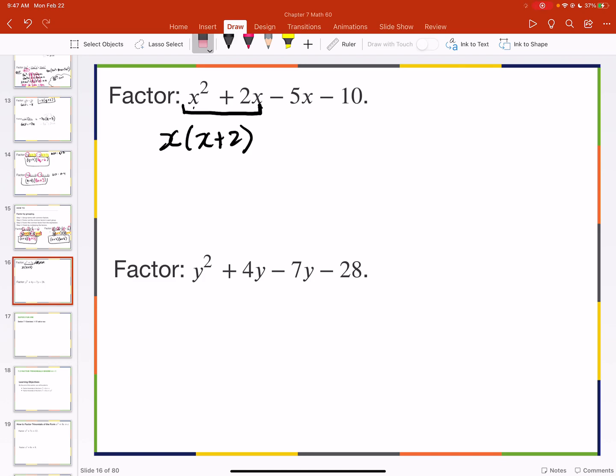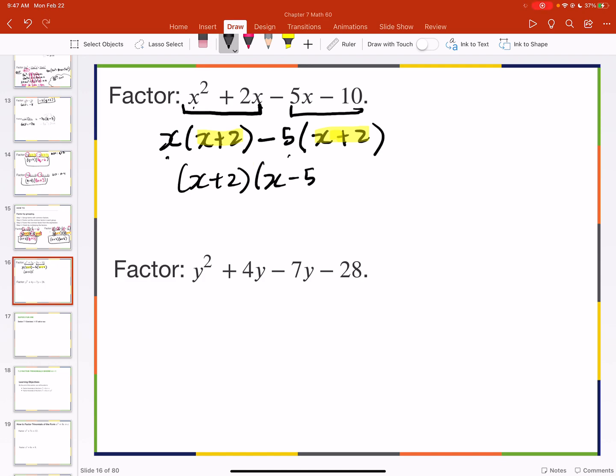Okay, now I'm going to look at these 2. What divides into both negative 5x and negative 10? A minus 5. I can do that. And I'm left with an x plus 2 again. Okay, fine. So then now I take out the x plus 2, and I'm left with x minus 5.